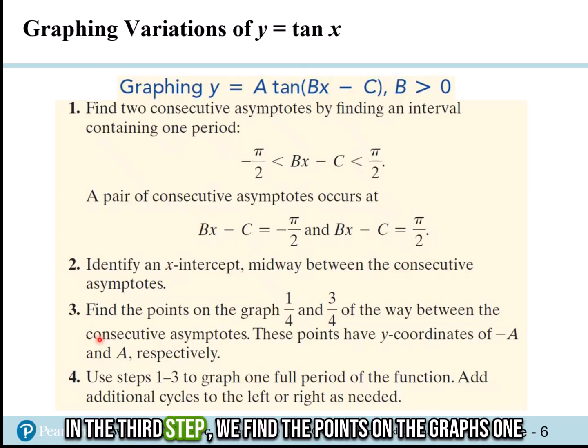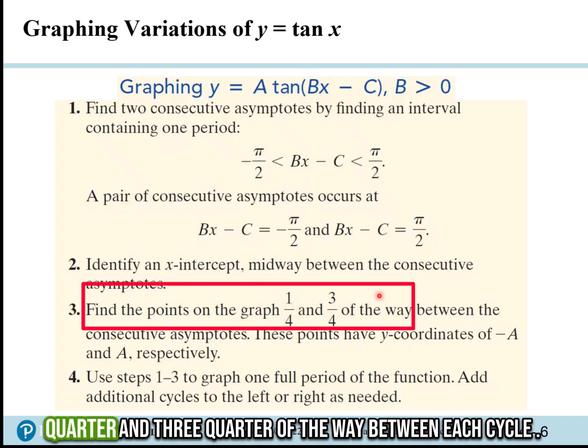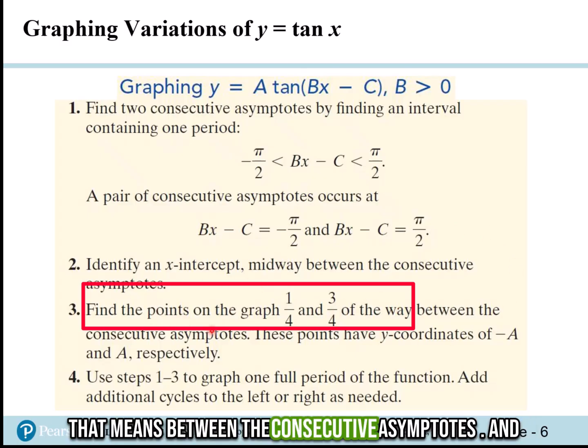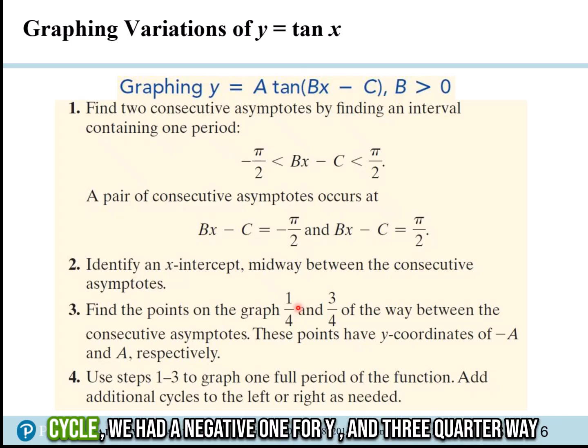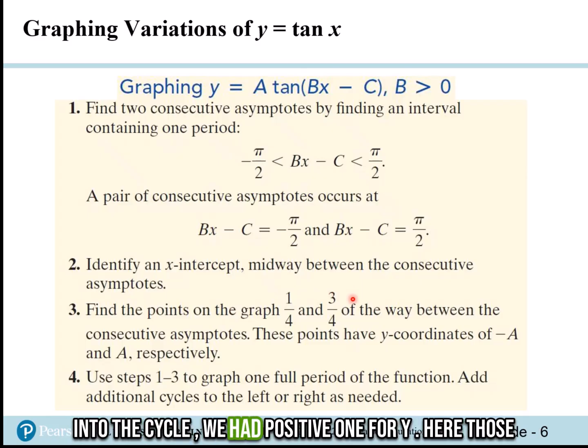In the third step, we find the points on the graph 1/4 and 3/4 of the way between each cycle. That means between the consecutive asymptotes. And recall that in the basic function, 1/4 of the way into the cycle, we had a -1 for y, and 3/4 of the way into the cycle, we had +1 for y.